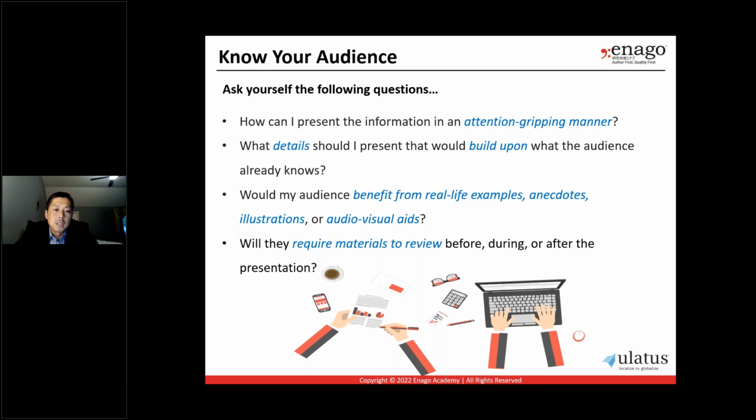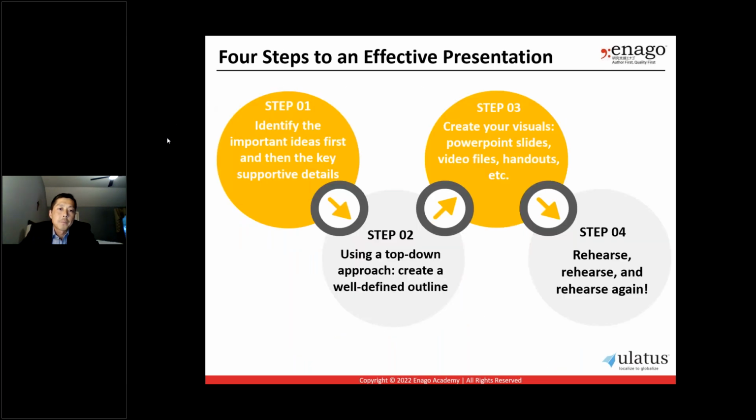And depending on your audience as well, would they benefit from real life examples, anecdotes, illustrations, and visual aids? You think that a younger crowd would always like audiovisual aids better than older people. And of course, do they require some preparation? Do they need to review something before, during, or even after the presentation?